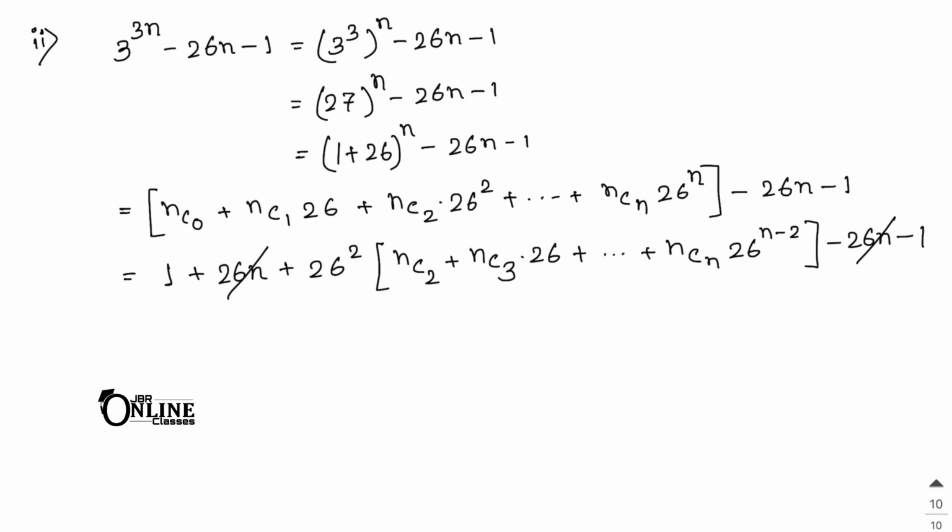So 26n and 26n cancel out, 1 and 1 cancel out. Now 26 square means 676, and the remaining part you can let as k. So that means this is definitely divisible by 676 for all n belongs to N. It's proved.